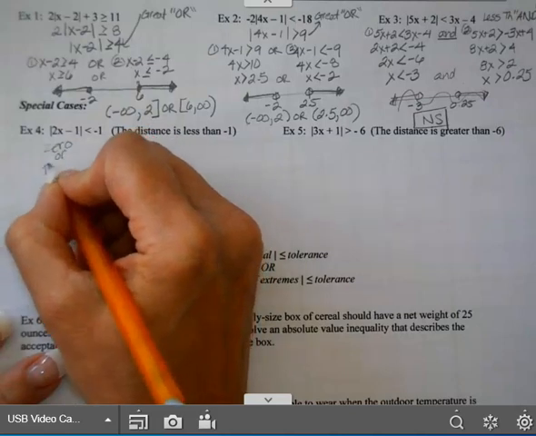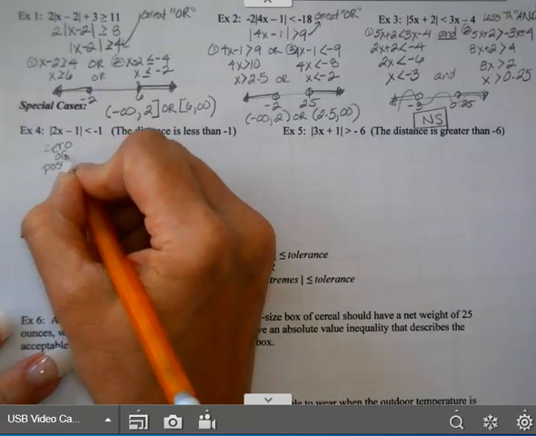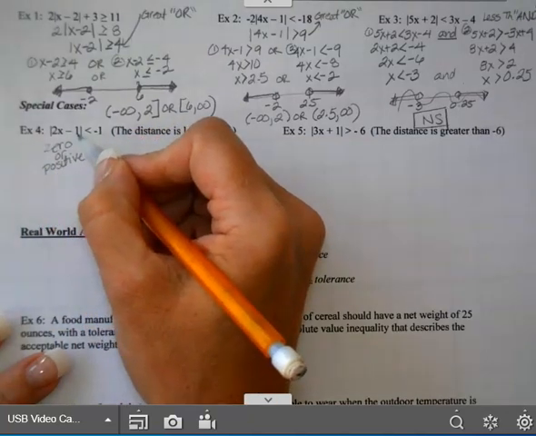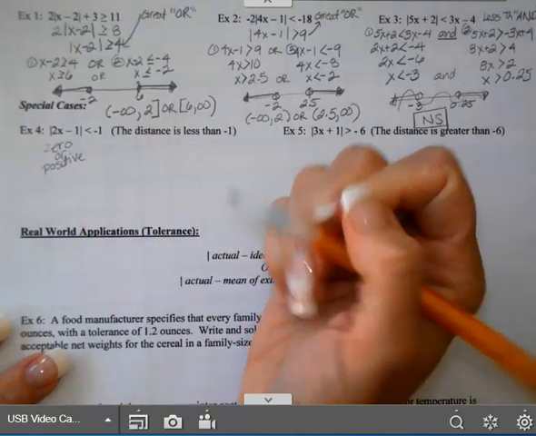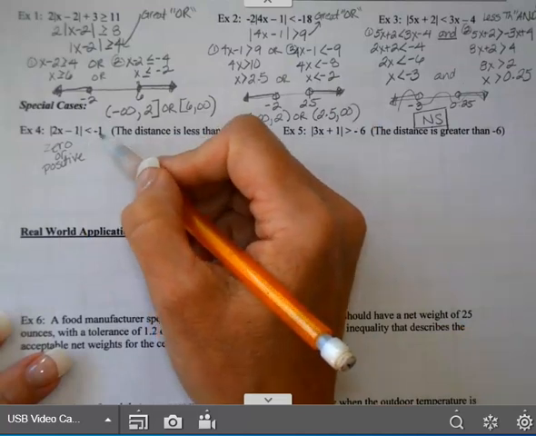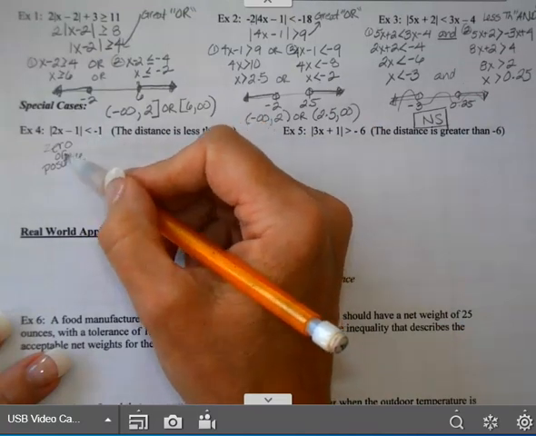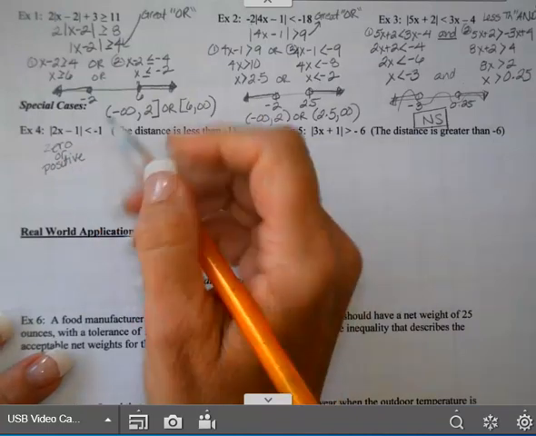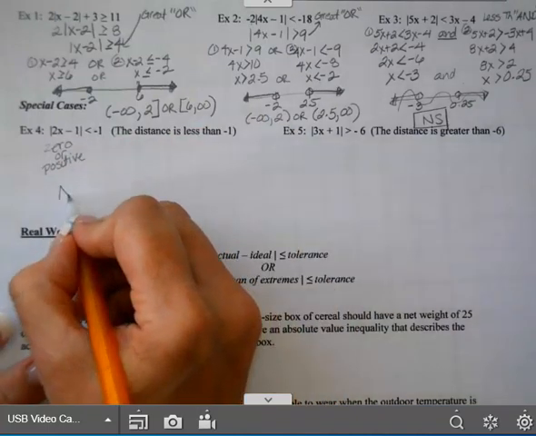Or it could be larger than that, and it could be a positive value. But the left side is either 0 at the smallest or a positive number. Well, this can never be smaller. 0 is never smaller, nor a positive number smaller than a negative. So when this happens, there are no solutions.